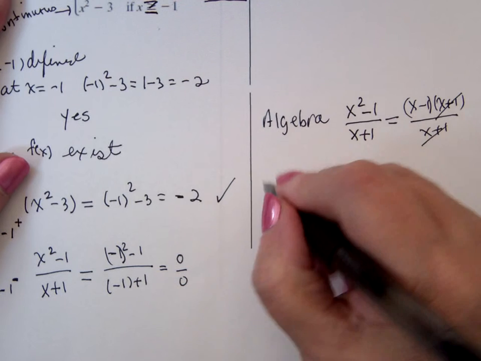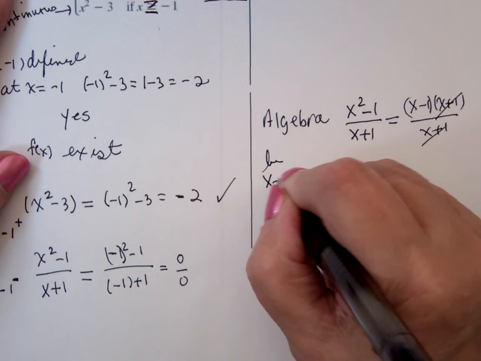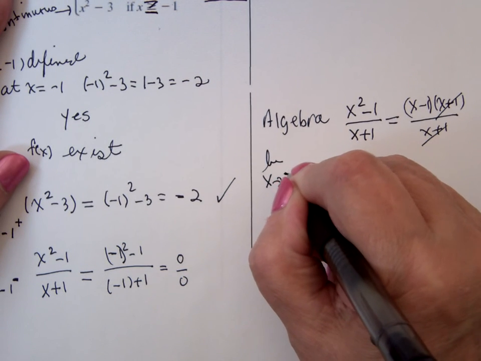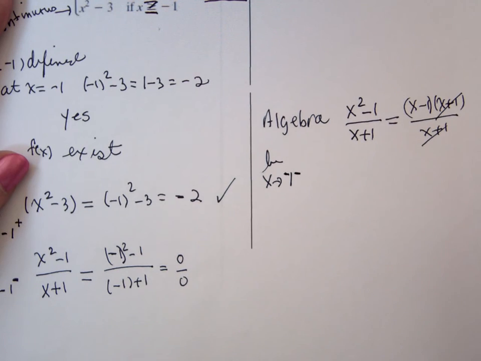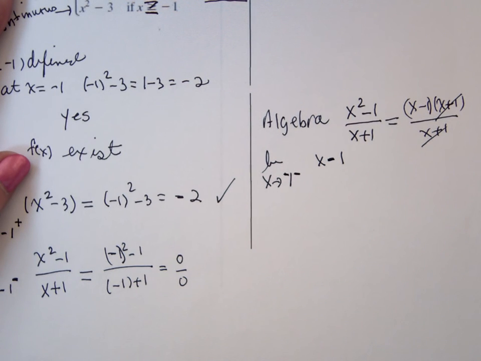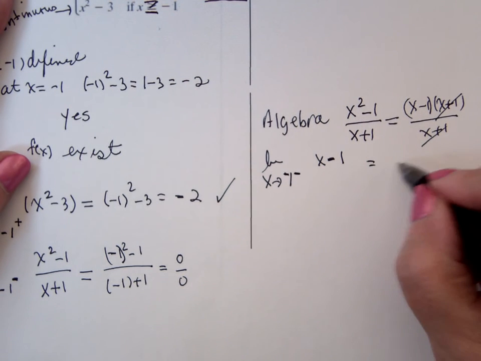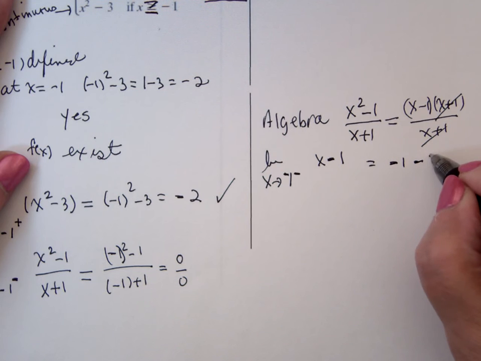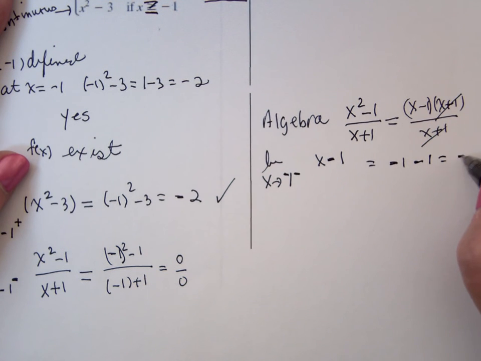Now I need to take the limit as x approaches negative 1 from the left, and this time I'm just using x minus 1, which is negative 1 minus 1, which is negative 2.